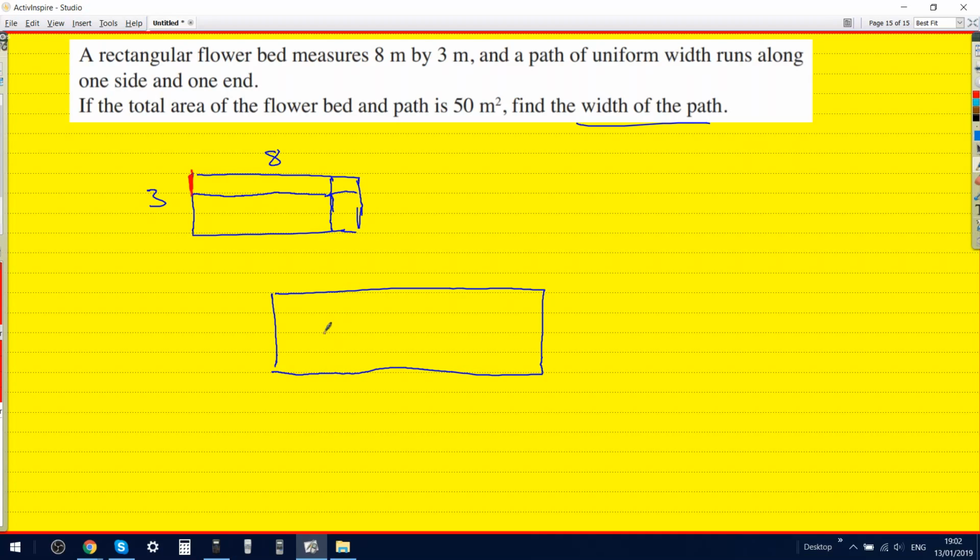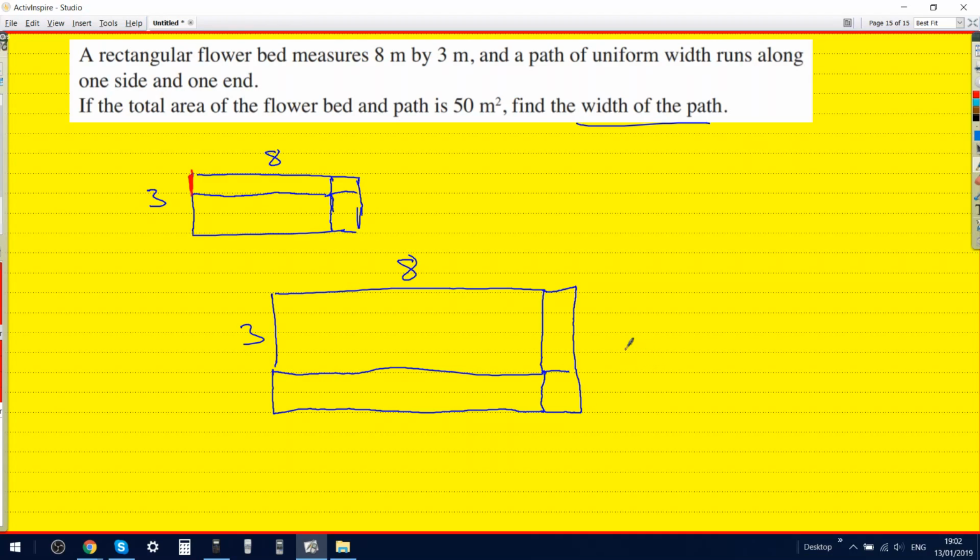This is 3, this is 8, and then there's an extra path along one side and one end. So it's the same drawing, but the 3 is down here and the 8 is just this bit.